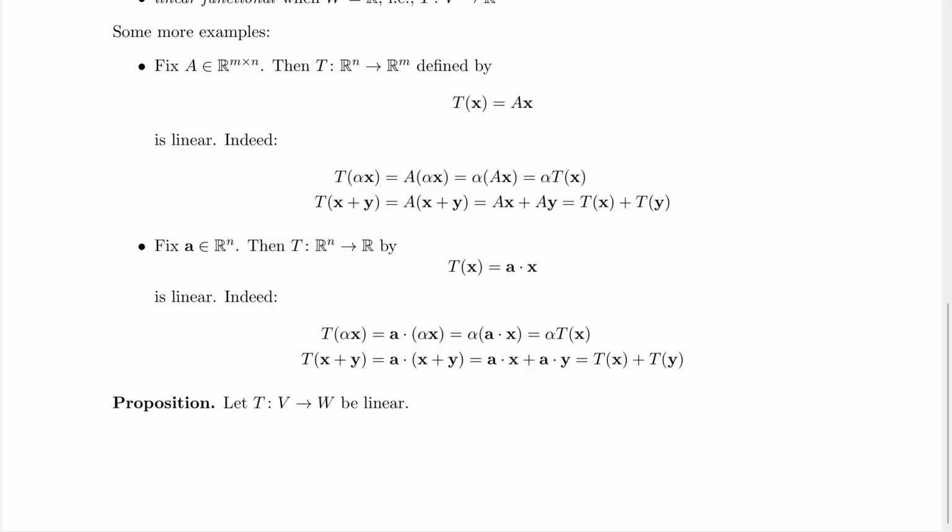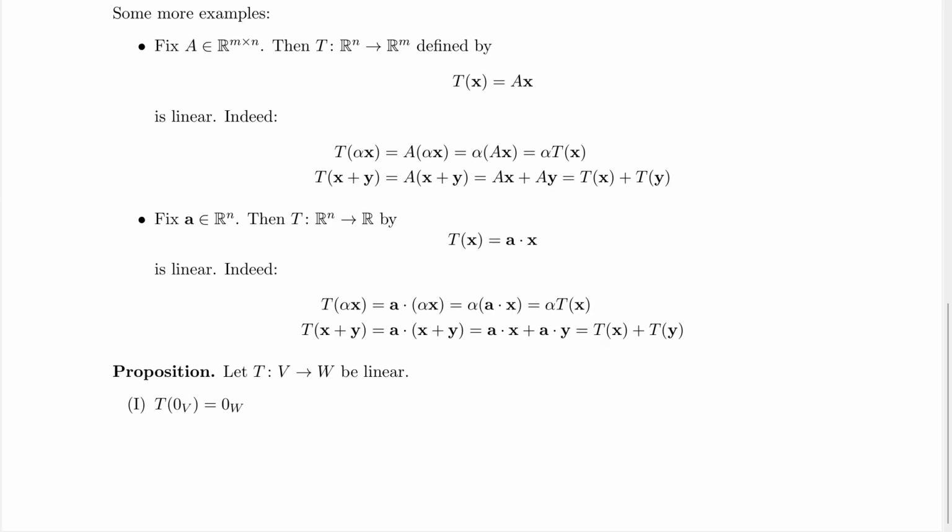Okay, so the first thing that is true is that you have to send the additive identity to the additive identity. And that's kind of an interesting thing, because again, let's note what linear mappings are doing. They're saying that scaling appropriately lines up with scaling, and addition appropriately lines up with addition.